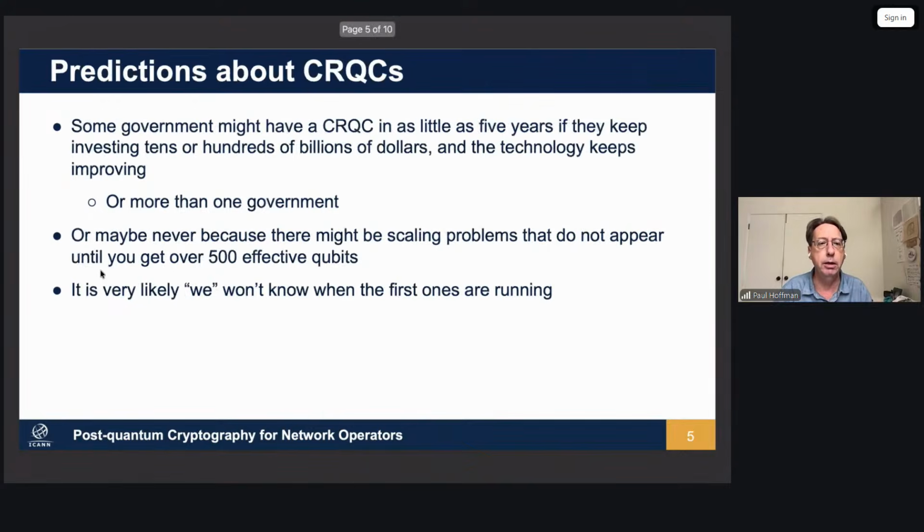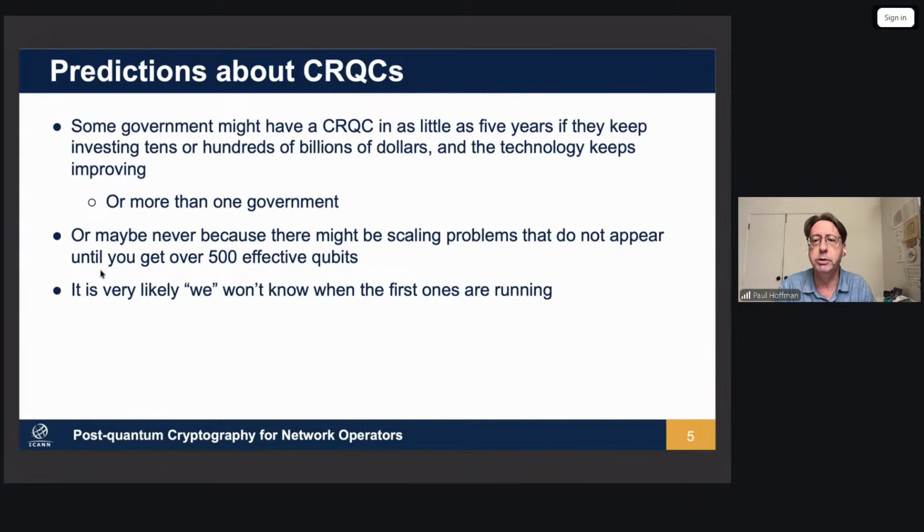So taking that in mind, we hear these predictions about CRQCs. And what we're hearing these days, especially from some companies that really care about this, companies like Google, who really are trying to protect their users' privacy, is that some government, and let's just use the word government here, it could mean a group of governments, a regional government.